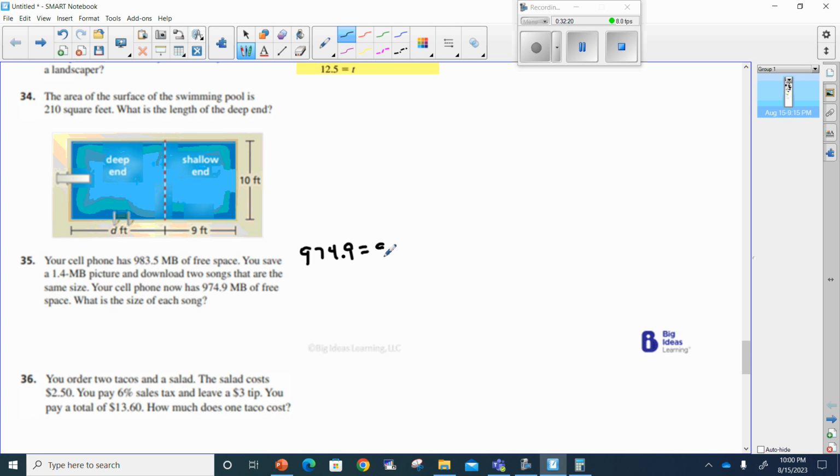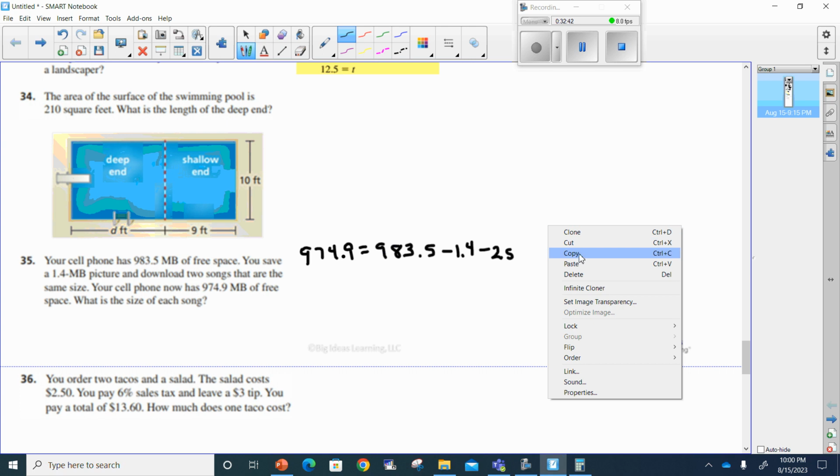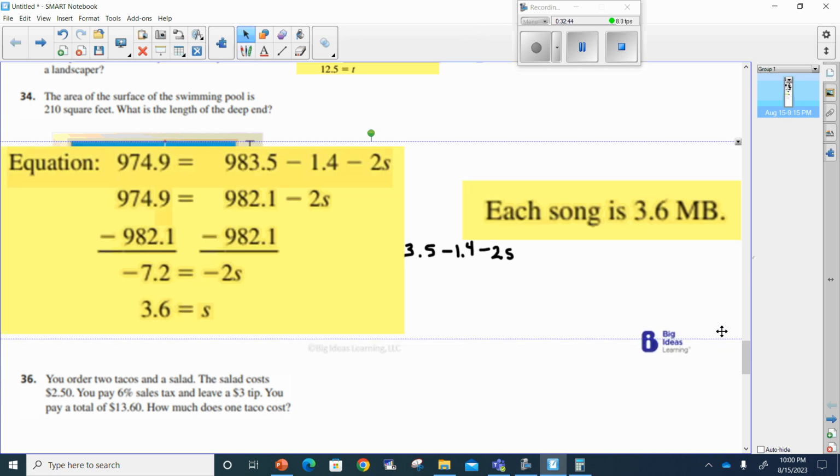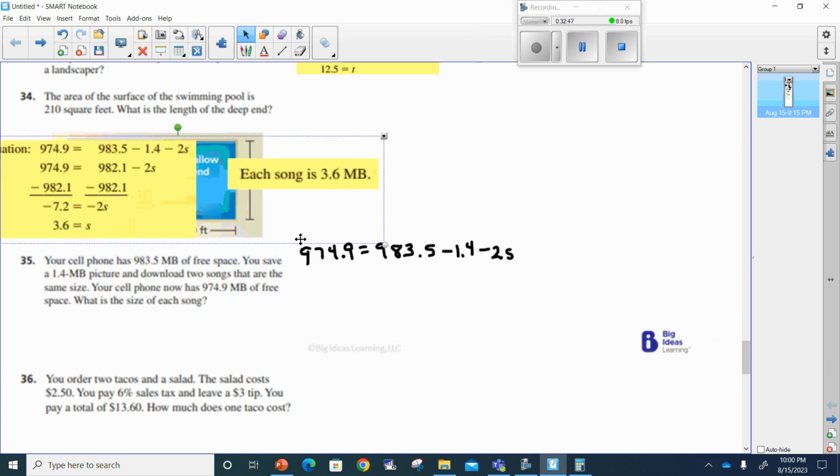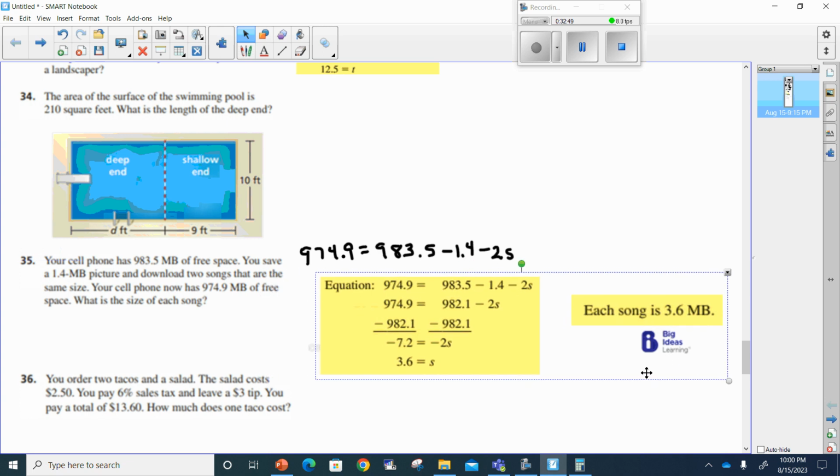So let's see, that would be 983.5, and now you're subtracting the 1.4 megabytes. And you're also downloading 2 songs, so it's also minus 2, we'll just say S's. Okay? So when we go to solve this, it should come up to this. All right, and I'm showing you the work, and let's see if I got it right.